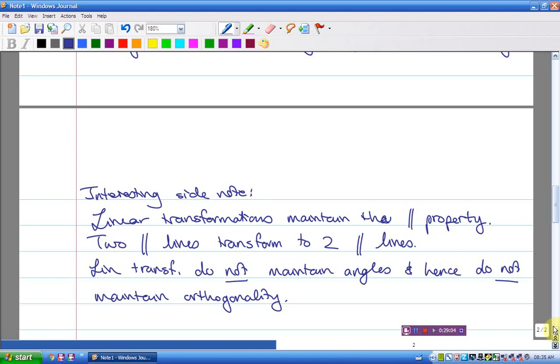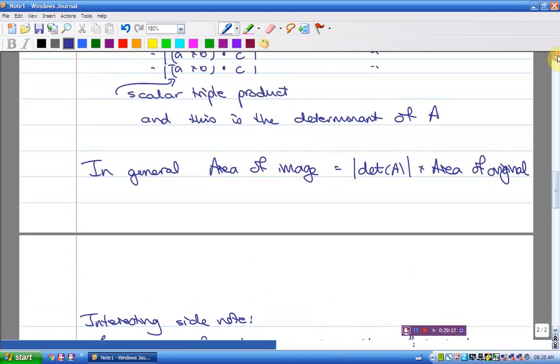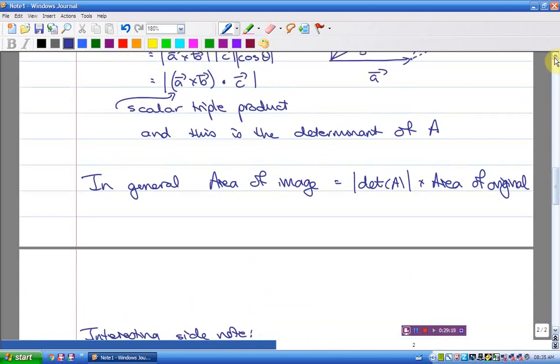A question over there? Would you mind explaining what A and T are? So capital A is a matrix.